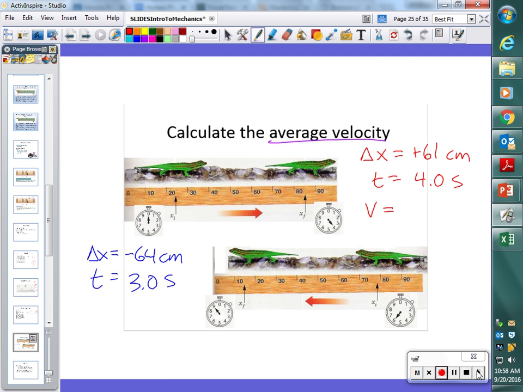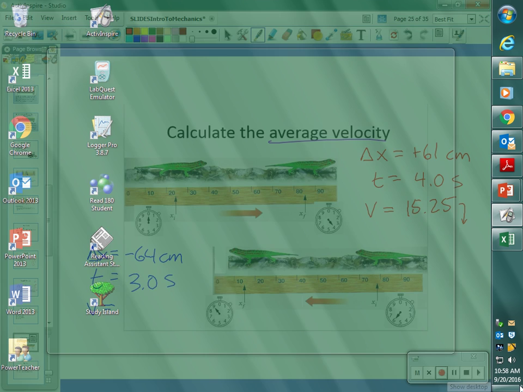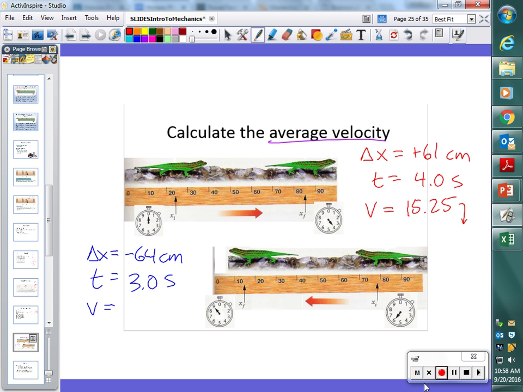So Henry's gonna run some numbers for us, and he's gonna calculate our average velocities of each trip. Oh, so the first one you see is 15.25, it's centimeters a second. Okay. Good.